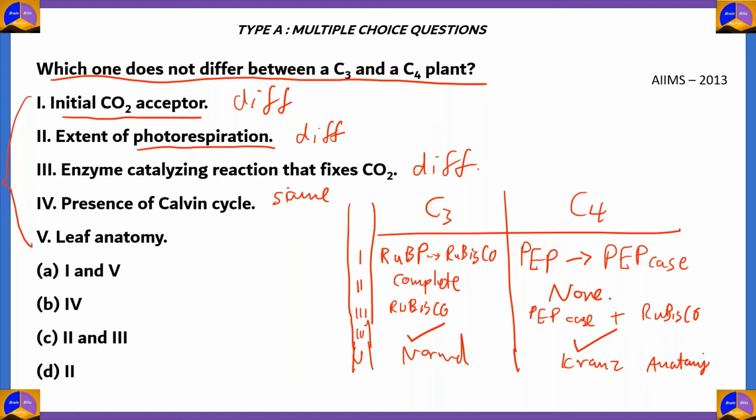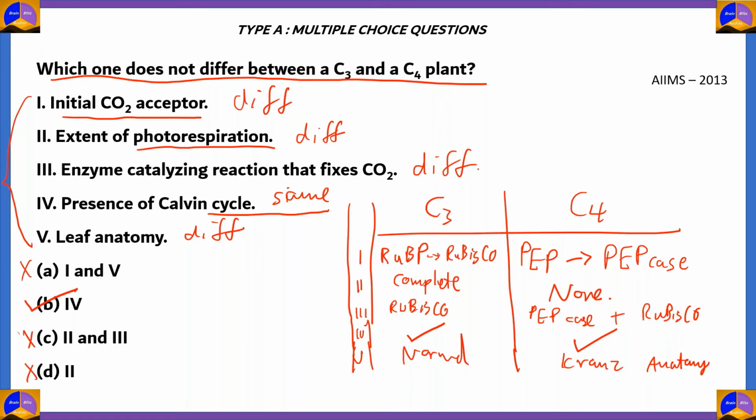And which of these options convey that right answer? Option B. Option A says that 1 and 5 do not differ, but they do, so it's incorrect. Option C says that 2 and 3 are not differing, but they do differ, so that is incorrect.